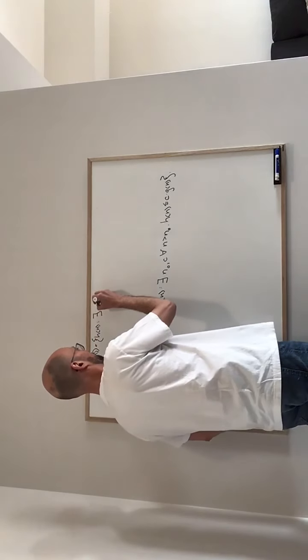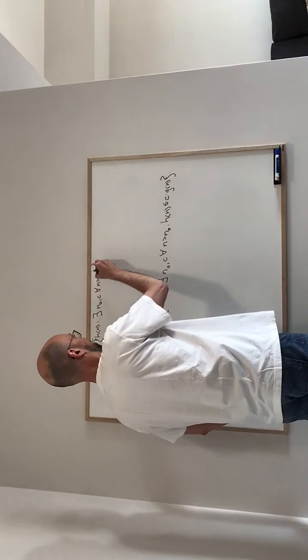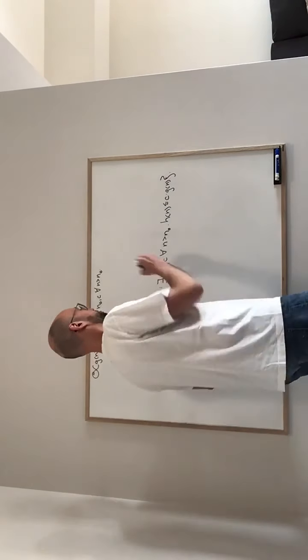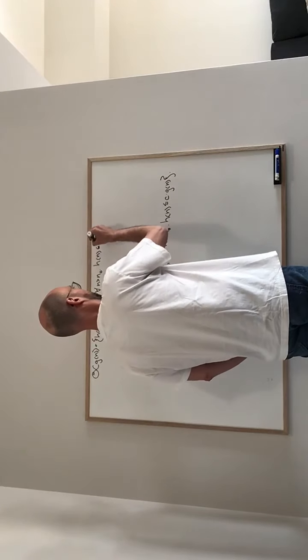There exists n0 and c such that for all n greater than n0, h of n is less than or equal to c times g of n.